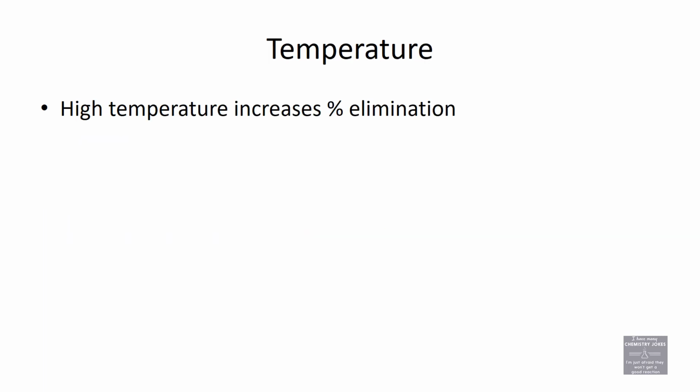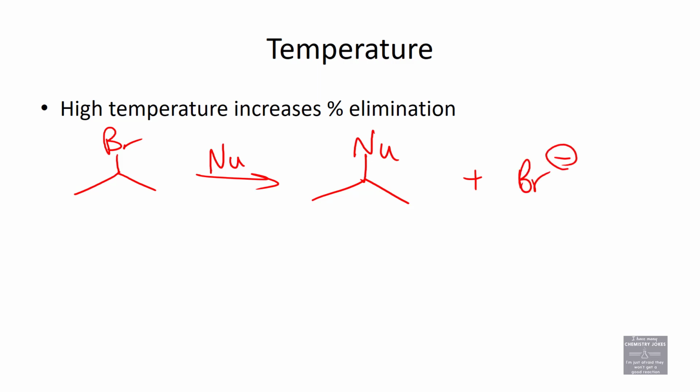High temperature favors elimination. What? We haven't said that before now, but if we had, let's say, some sort of thing that we add a nucleophile to, we end up with that nucleophile substituting and getting bromide as a side product. Okay, cool.